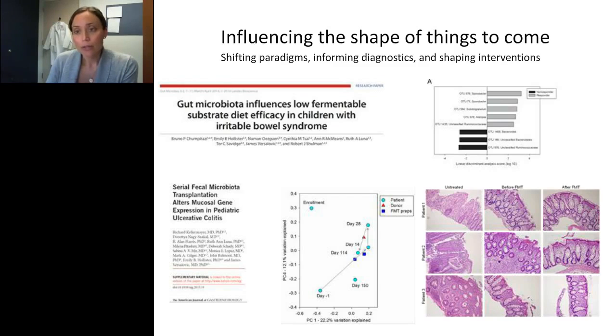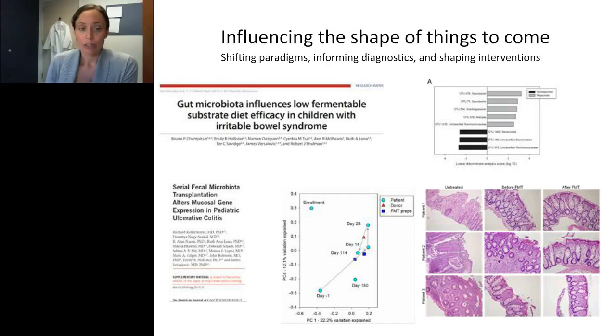Early work from Bruno suggests that baseline microbiome composition may be an indicator of how well particular children may respond to this dietary intervention, which is fairly harsh, the removal of a large variety of potentially fermentable carbohydrate sources. And if we can help direct patients or predict which patients may respond better to the FODMAPs intervention before they go on it, we could save families a lot of time, trouble, and potential disappointment if the intervention didn't work.